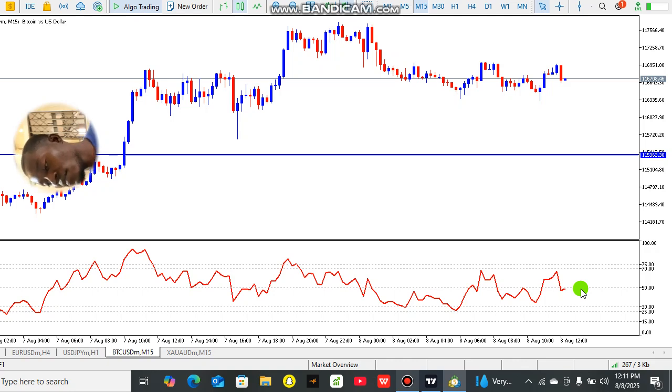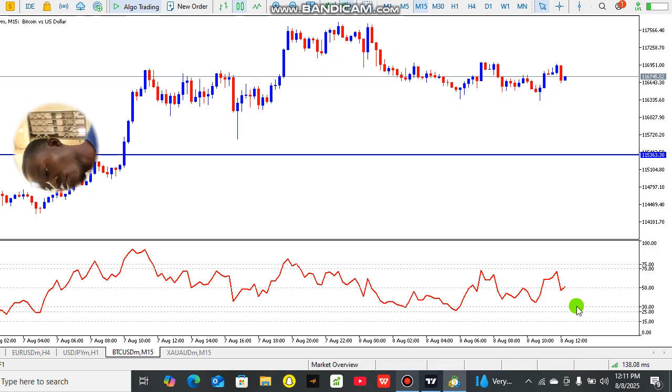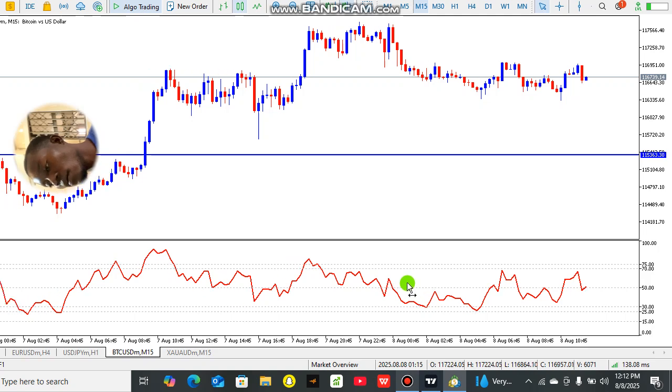Either the market is going to move to the downside until it goes below the 30%, or it pushes up to the upside until it goes beyond 75%, then you look for opportunity to sell. If it goes below 30%, that is an oversold market, and the market will begin to buy.